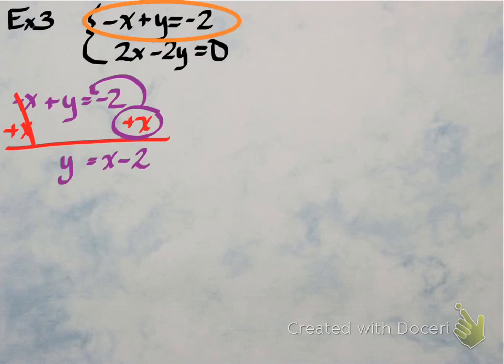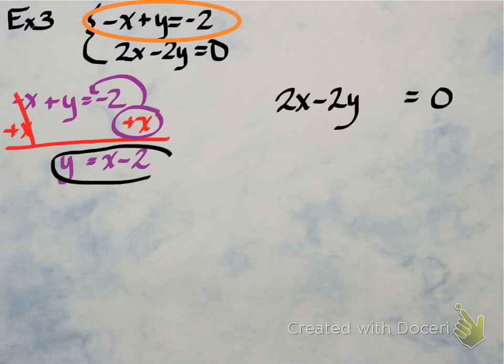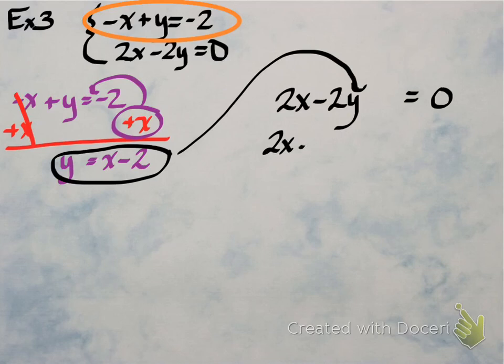Now I'm going to take my second equation, which is 2x minus 2y equals 0, and replace my y with what I found y to be. So it's 2x minus 2 times x minus 2 equals 0.